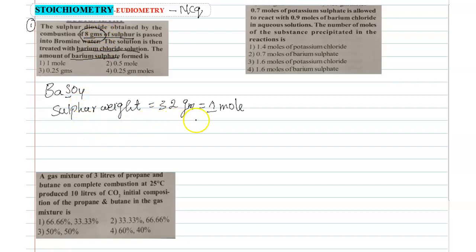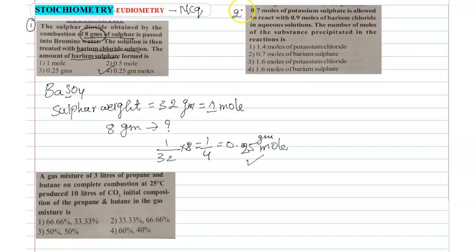So 32 grams forms 1 mole, then what about 8 grams? So 1 by 32 into 8, 1 by 4, 0.25 gram mole. So 0.25 is the answer. Option 4 is the correct one.